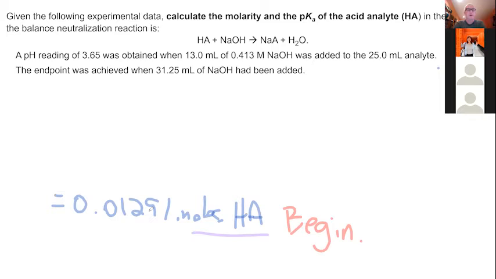What am I going to do with the pH? pH just tells me what the concentration of H plus is. I mean, you're right, I could figure out what the concentration is. So if I figure out what the concentration of H plus is, then where am I going to go from there?